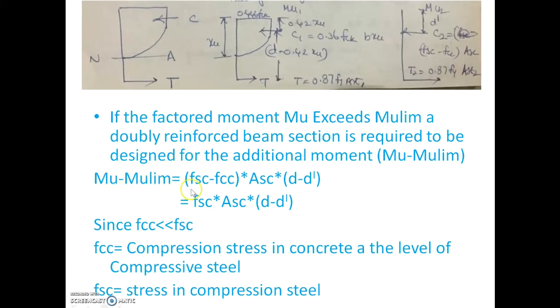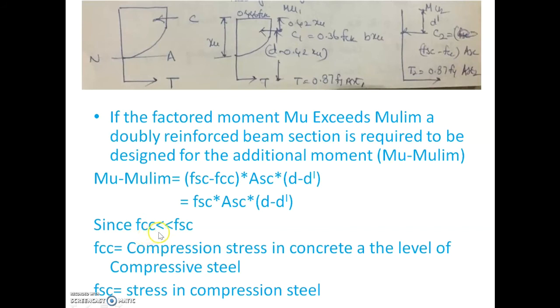So Mu minus Mu limiting is equal to the balance moment, that is equal to (fsc minus fcc) into Asc into the lever arm distance, that is d minus d dash. Here the fcc value will be very negligible. Why? Because fcc means the compression stress in concrete at the level of compressive steel, and at the location of the steel the compressive stress will be very small.